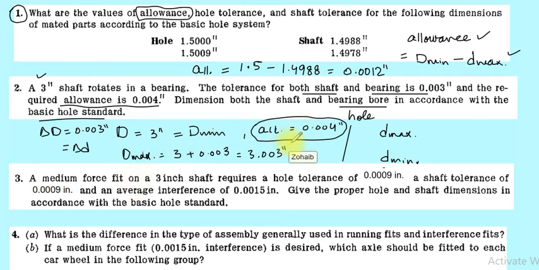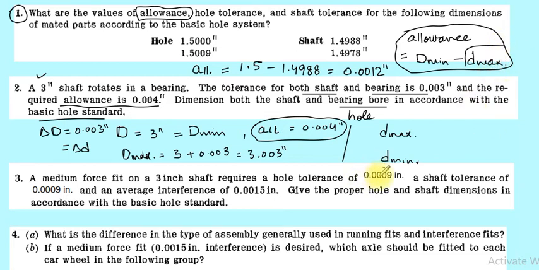We are given the allowance, and if you see this formula of allowance here, if we are given the allowance value and we know D minimum, we can simply rearrange this formula and find d maximum.